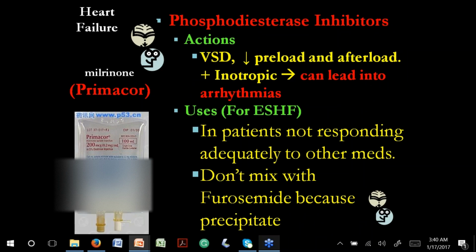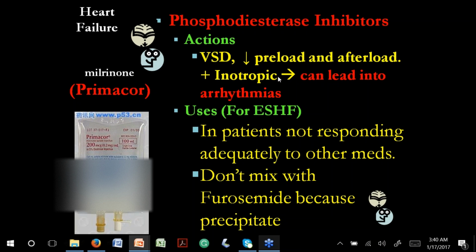The phosphodiesterase inhibitors are producing vasodilation. That is the Primacor. This is high yield for the test. Vasodilation decreases the preload and afterload, and it is a positive inotropic.